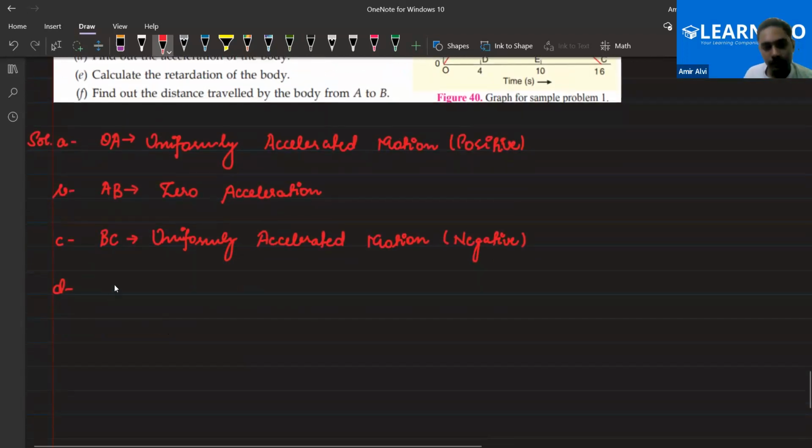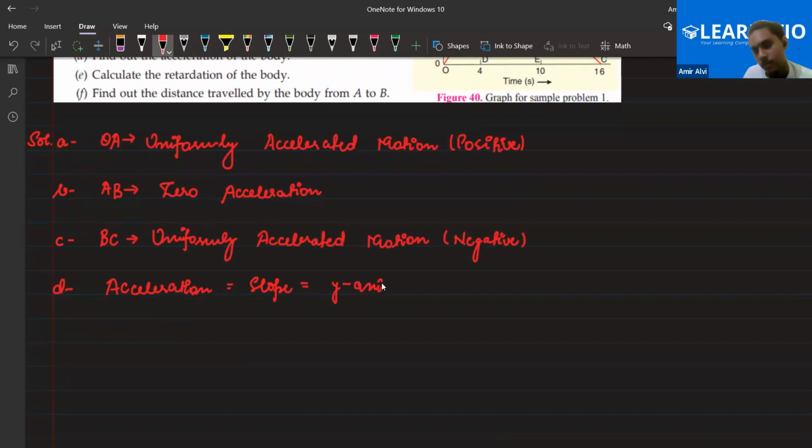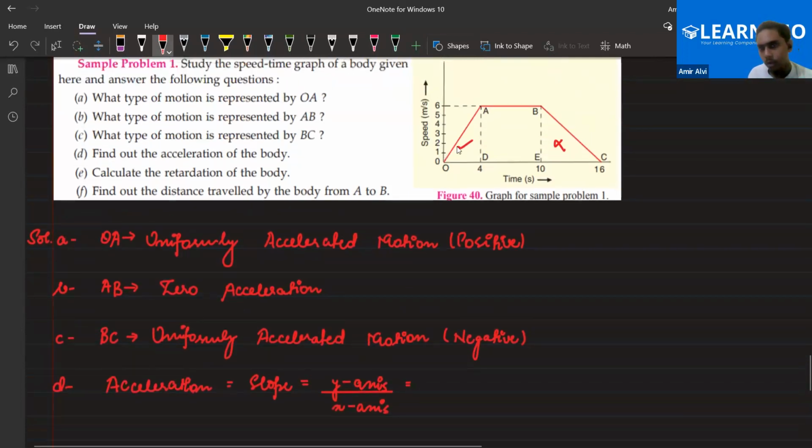So acceleration is equal to slope. So slope is nothing but y-axis to x-axis, is equal to, y-axis is what?